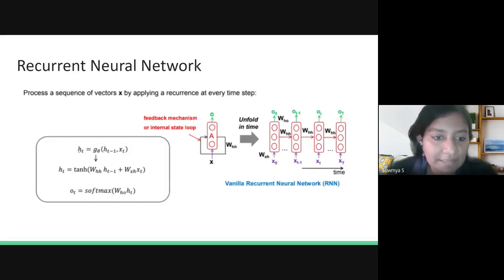So mathematically, your hidden state is a function of the previous hidden state and the input. Now, we usually use tanh or any other activation function. And it's also a function of the weights. So W_HH times H_{T-1}, plus W_XH times X_T. So the notation is that between the hidden states, we use HH.